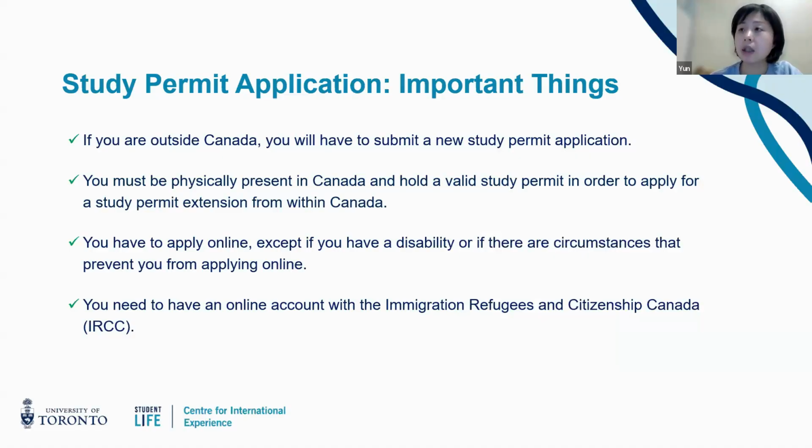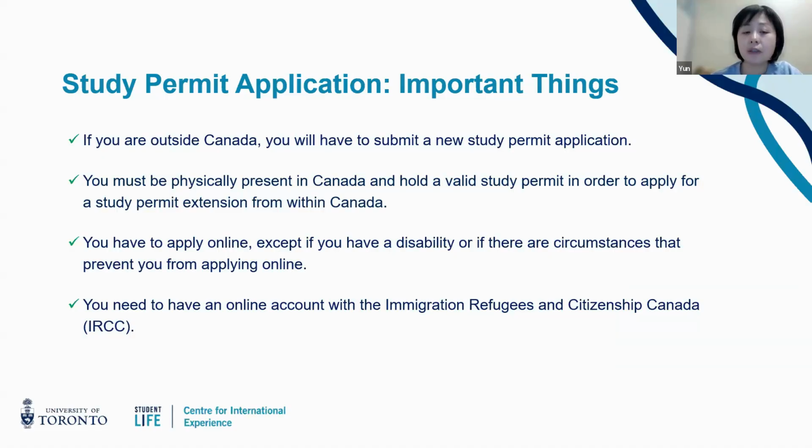If you are inside Canada, but your study permit has already expired or become invalid, you can only apply for a restoration, or you must leave Canada and apply for a new study permit from outside Canada. So that is very important.